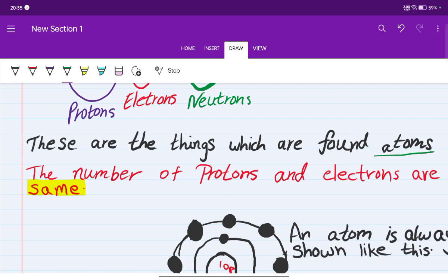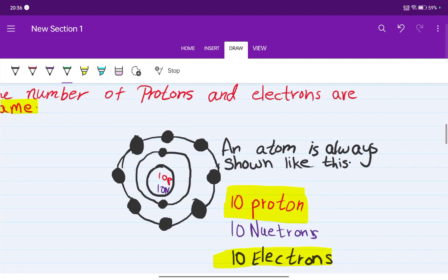The number of protons and electrons are the same.